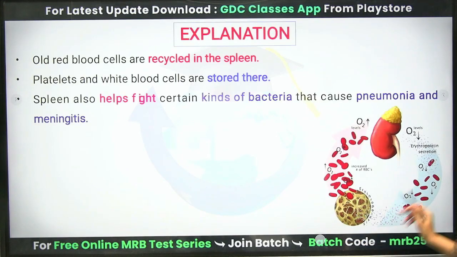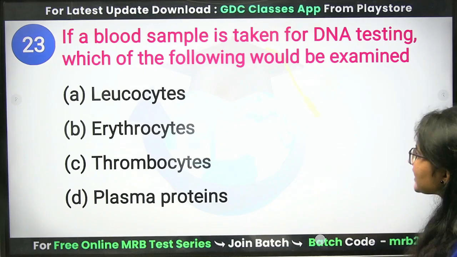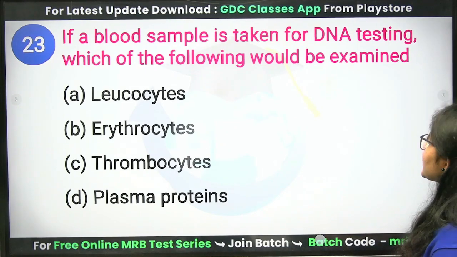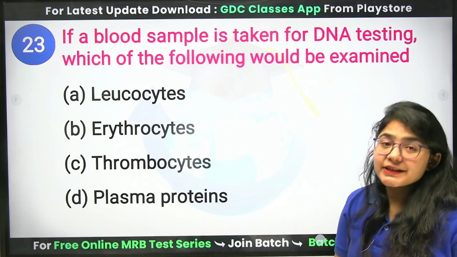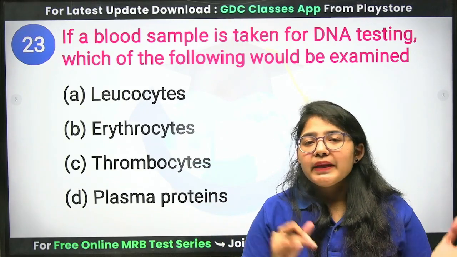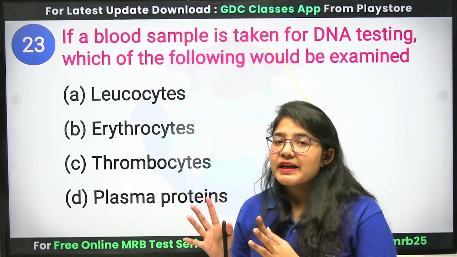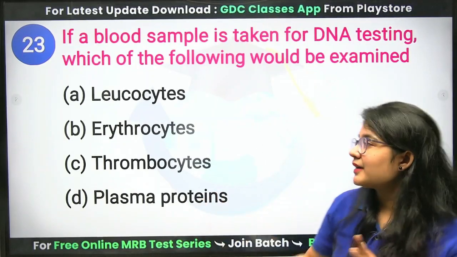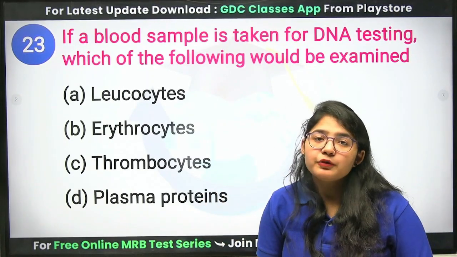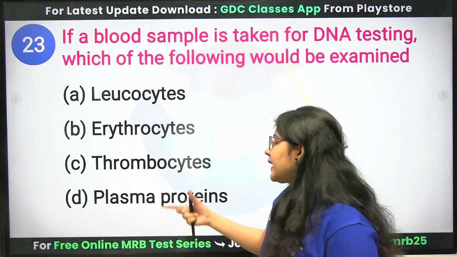Clear? Next question. If a blood sample is taken for DNA testing, which of the following would be examined? Very interesting and logical question. If I ask this question, many students will comment that red blood cells are responsible for DNA testing. But how and why? The options are leukocyte, erythrocyte, thrombocyte and plasma protein.